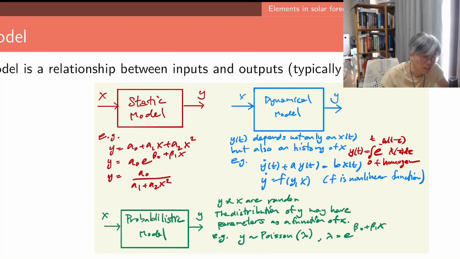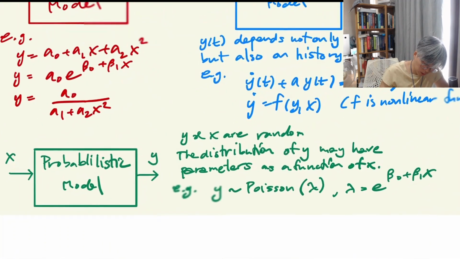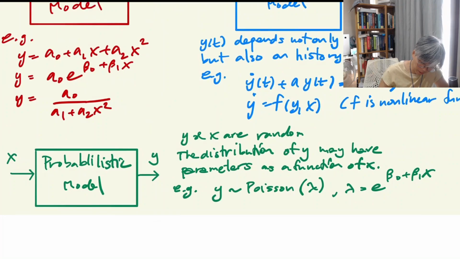I'm going to use statistical information of the random entities that are involved in your problem. I'll give you a simple example.